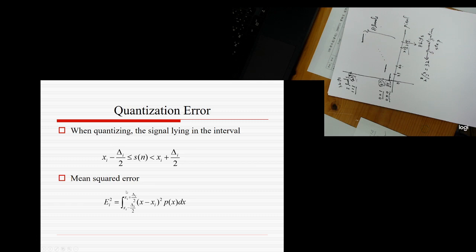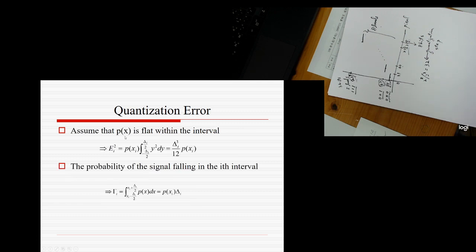So according to this equation, they recalculate and get the equation for each quantization level. They assume your probability density function is uniform.